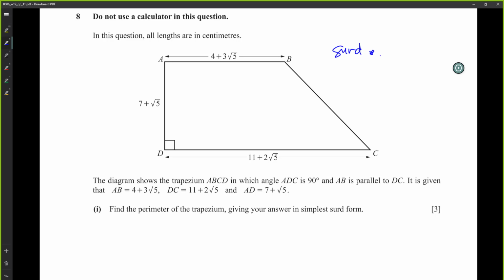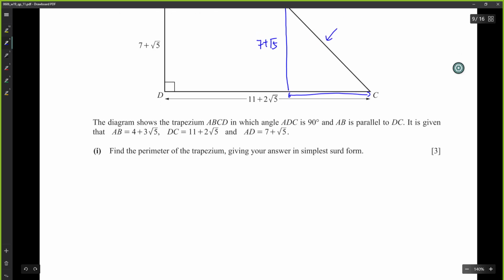Find the perimeter of the trapezium and give your answer in the simplest surd form. Okay, I hope it's not too hard to solve the hypotenuse. This is 7 plus root 5, because right now I need to find BC. So I need to know what is here.